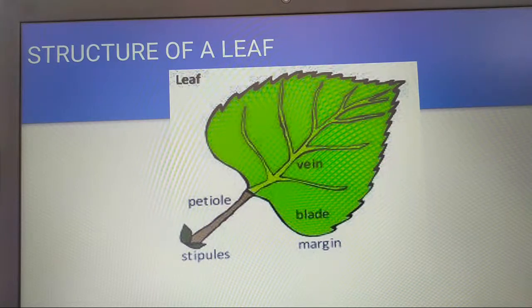Let's talk about the leaf blade. What is leaf blade? The flat and broad part of a leaf is called the leaf blade, which is thin, and as you can see, it's green in color.